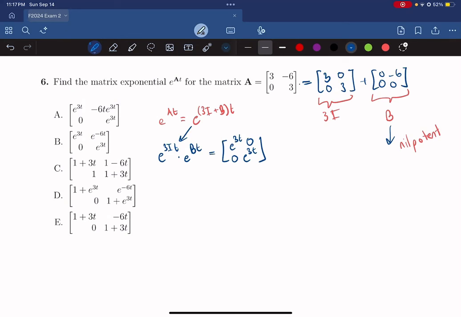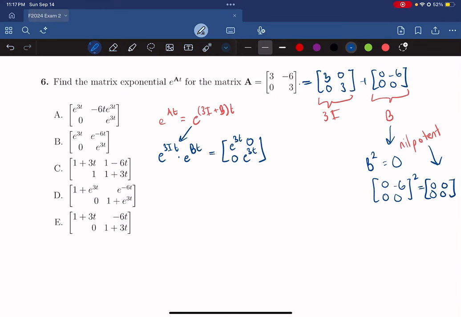So for this one, you just have to square it once, and you get 0. So what that literally means is you have your b like this, and you square it once, and it's all zeros. In the scope of this class, most of them will just be 2, maybe 3. You just have to square them until it becomes nilpotent, like that.